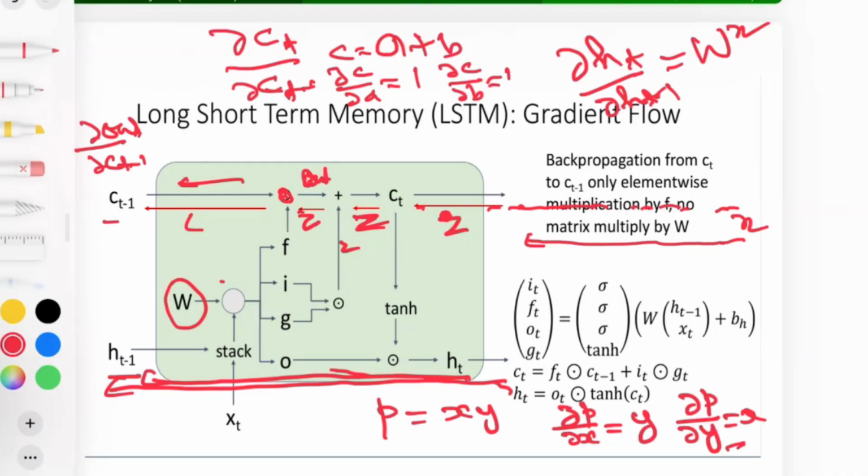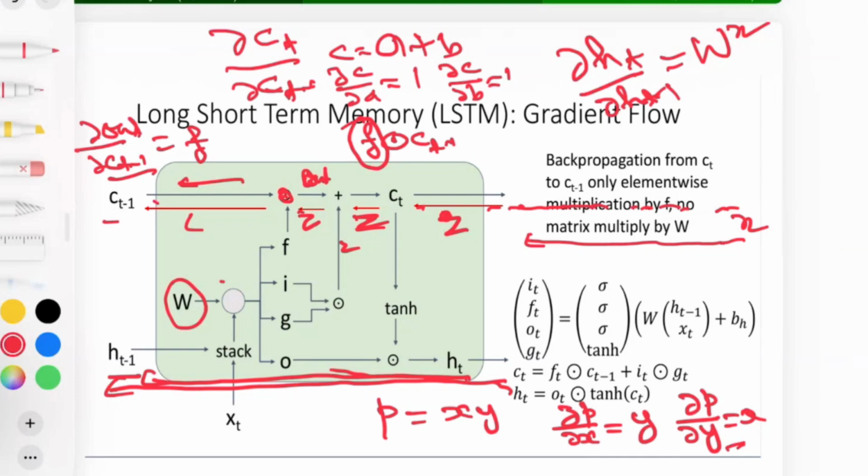Now del out by del CT will be equal to F, because your operation is F into CT minus 1, and you are finding the gradient with respect to CT minus 1. This part will be coming out, just like here: with respect to X, Y will come. With respect to Y, X will come. So with respect to CT minus 1, F will come. With respect to F, CT minus 1 will come.